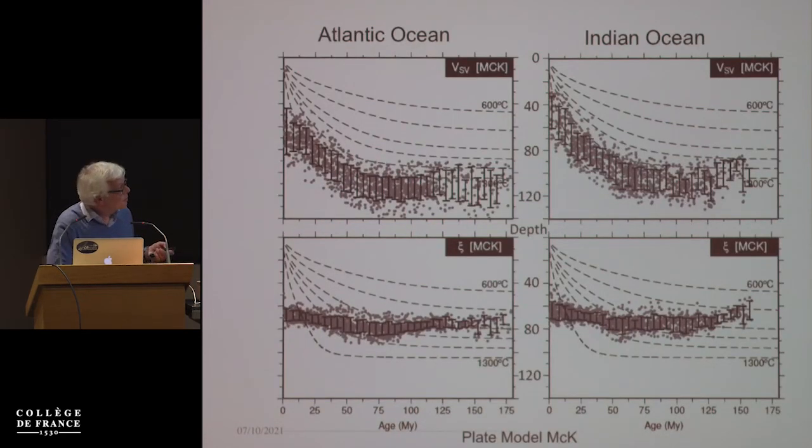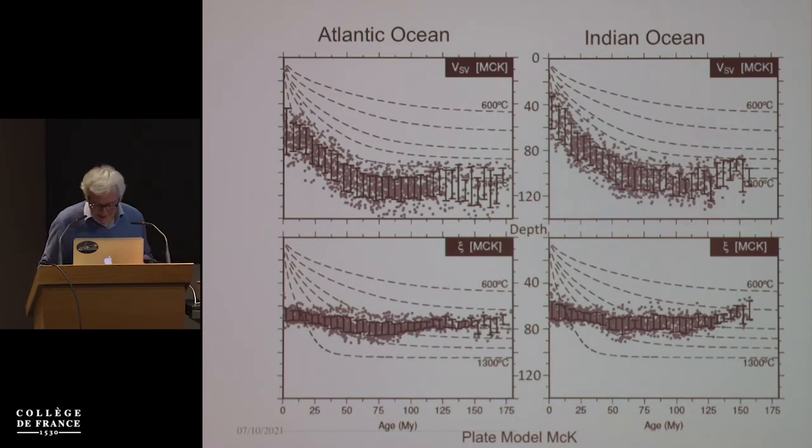And what we observe for the Pacific Ocean is also observed for the Atlantic Ocean and Indian Ocean. And again, the plate model is not so bad. It works fine with the 1300 degrees isotherm, but again, for radial anisotropy, this kind of mid-lithospheric boundary.